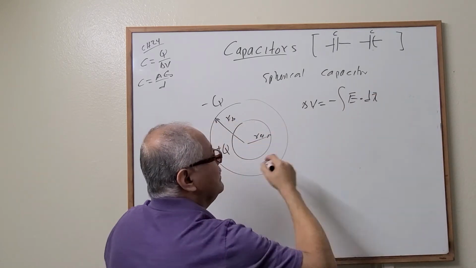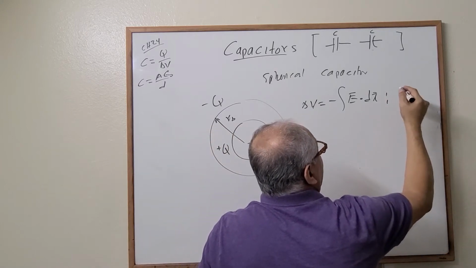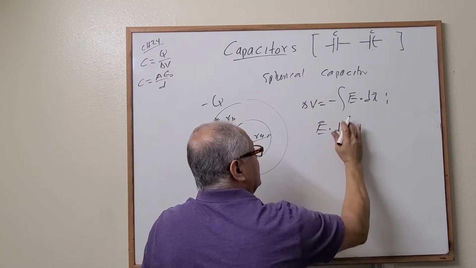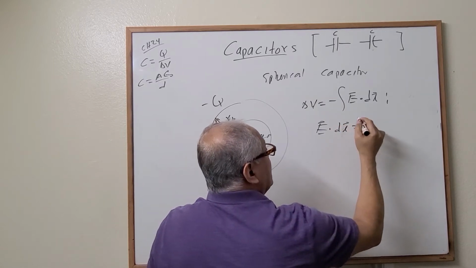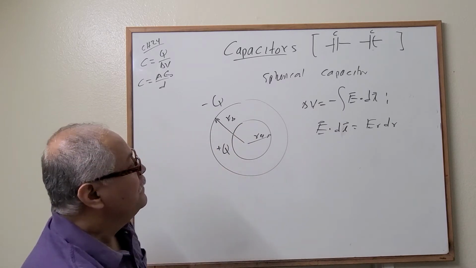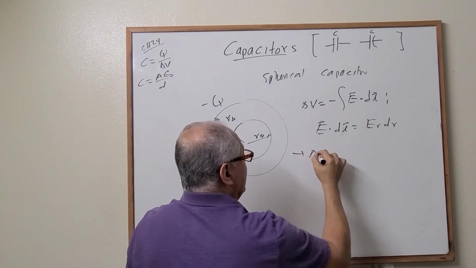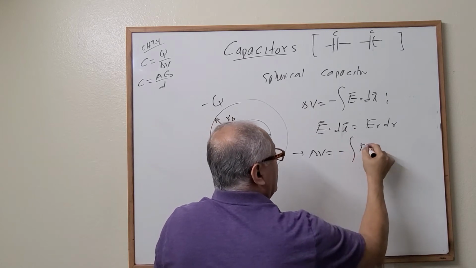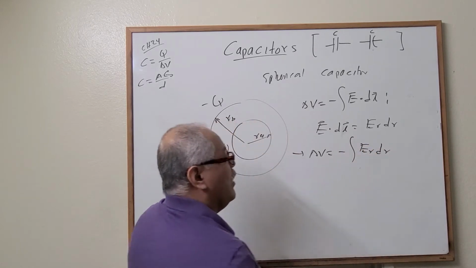But because the field is radial, this dot product is just the simple product. From here, the potential difference equals the integral of this quantity.